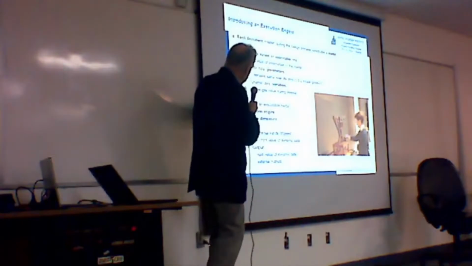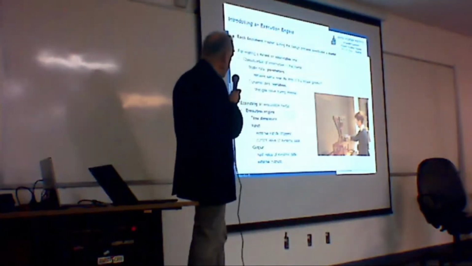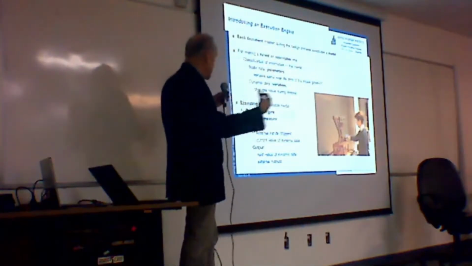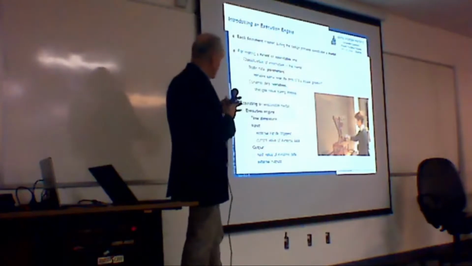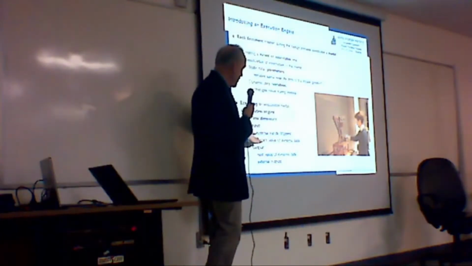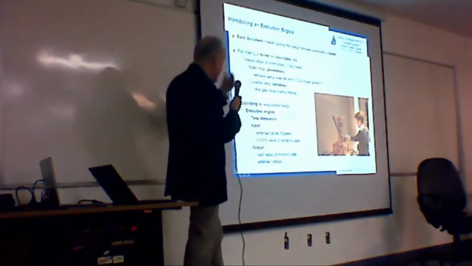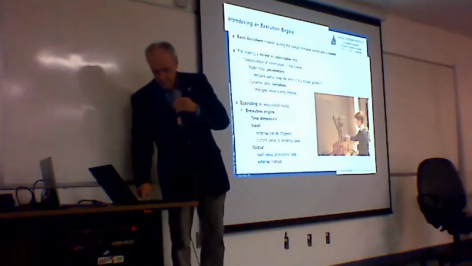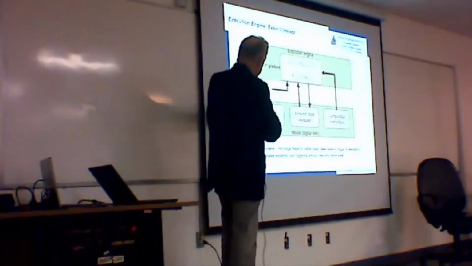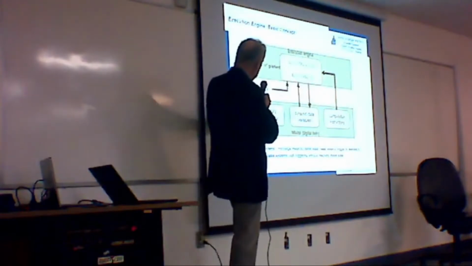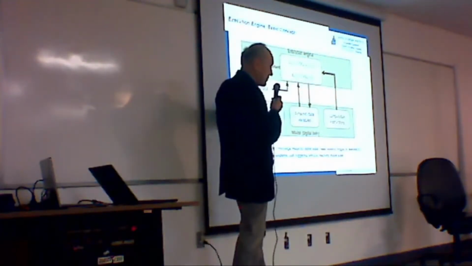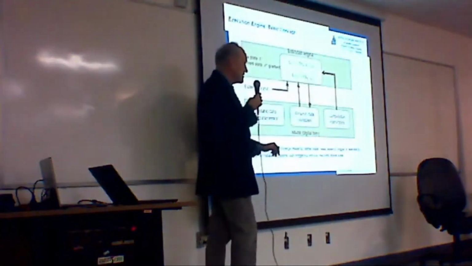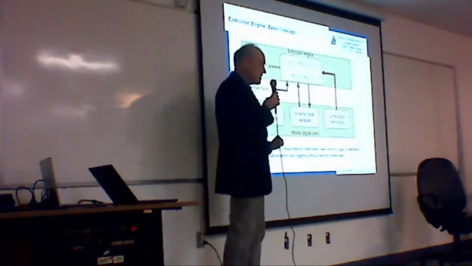And executing means that we add this execution engine, we bring in a time dimension, and the inputs are external inputs, triggers, and the current value of the dynamic data. And the output is then the next value of the dynamic data and external outputs. So we see it here again, this digital twin consisting of static data, the parameters, dynamic data, the variables, and computation instructions on how to handle the dynamic data.